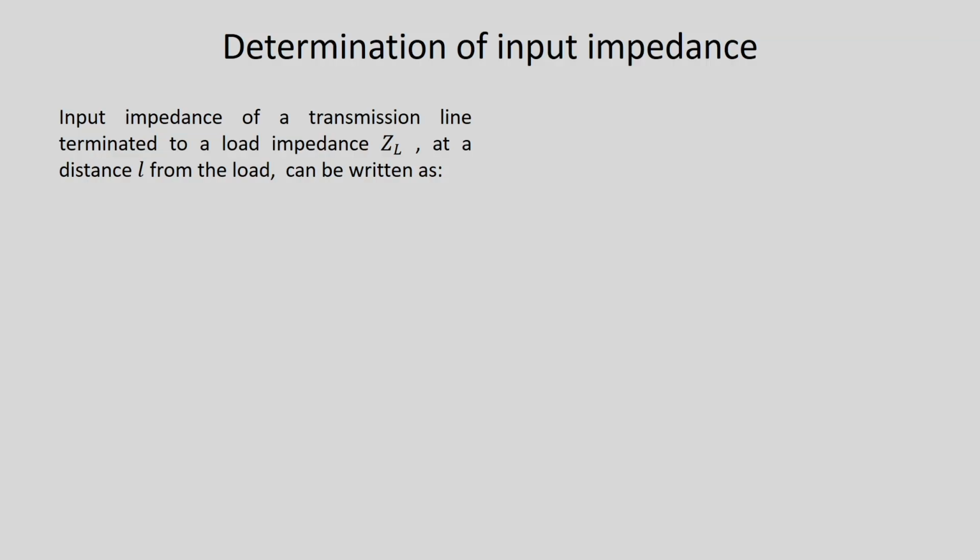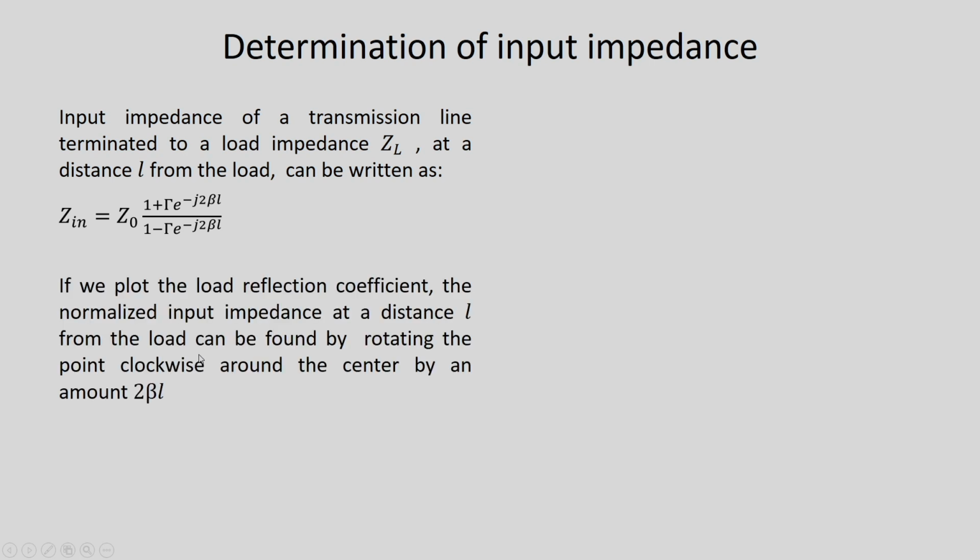So, we know that in terms of the reflection coefficient, the input impedance Z in can be written as Z naught times (1 plus gamma e to the power minus j 2 beta L) over (1 minus gamma e to the power minus j 2 beta L).